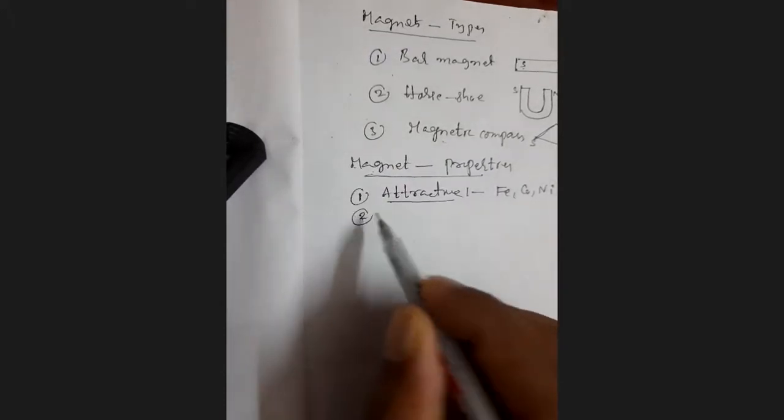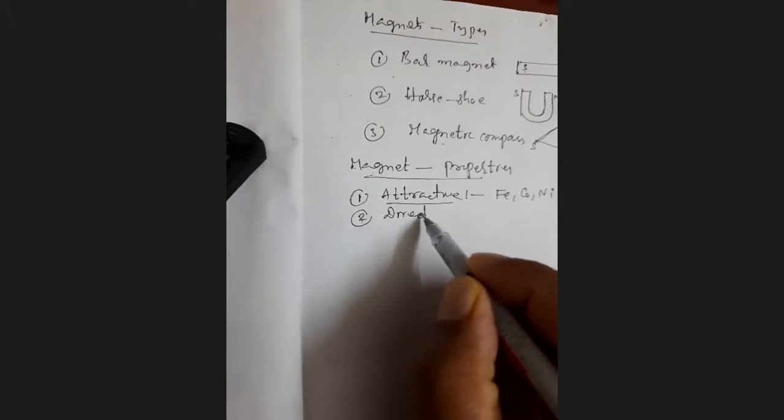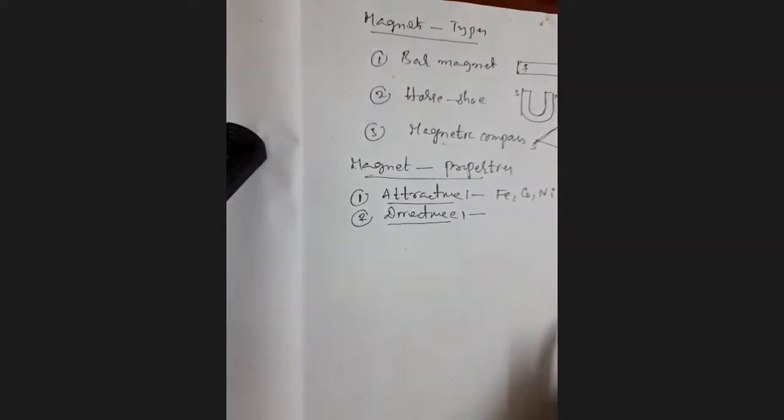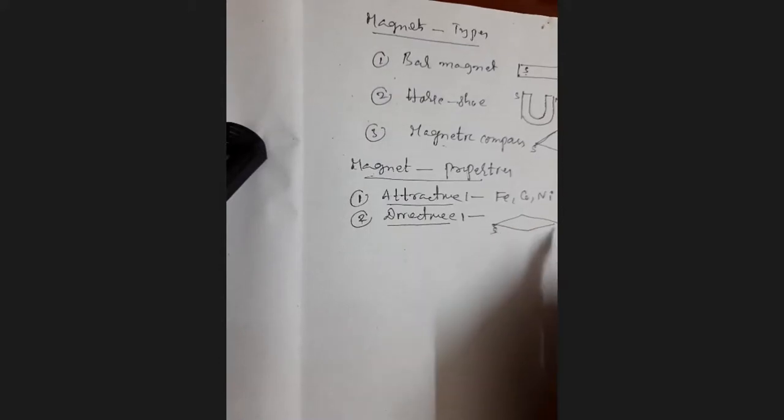The second one is the directive property. When a magnet is suspended freely by means of a thread or a wire, it points in the geographical north and south direction.